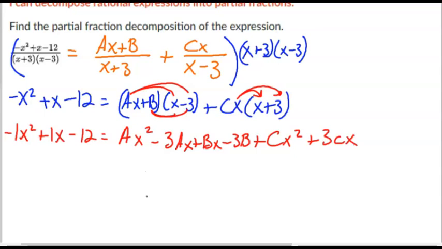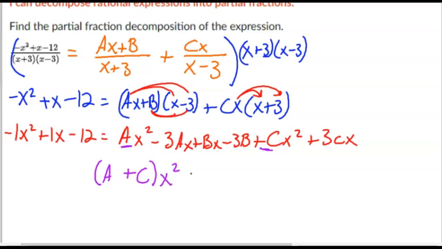Alright, from here, let's group the x squareds together, the x's together, and the constants together. So a and c, so a plus c, that's our x squared terms.